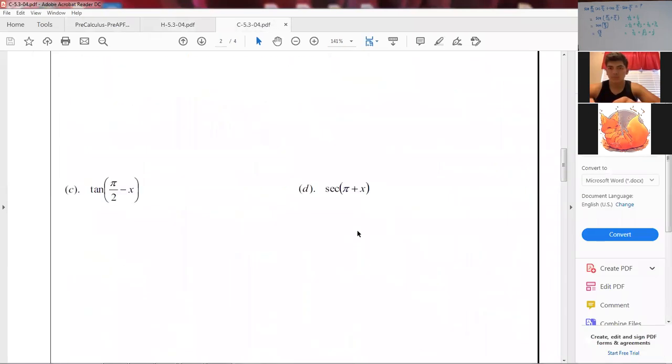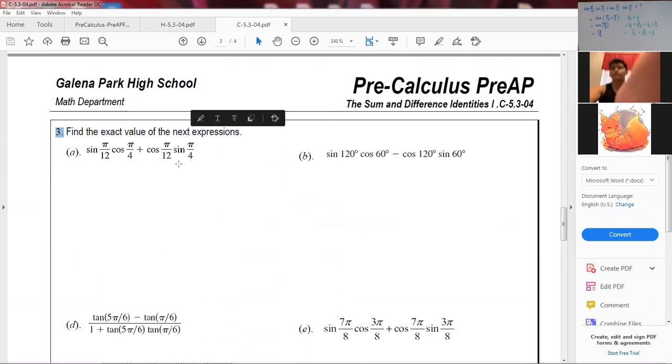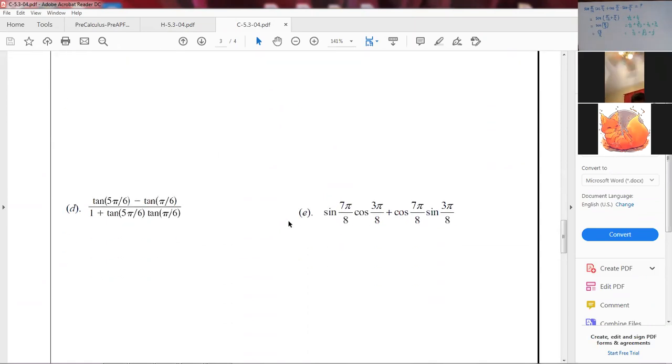This right here. We solved this one already. We can do this one also, right? That's pretty much the same. Let me try something a little bit more difficult, like the tangent.